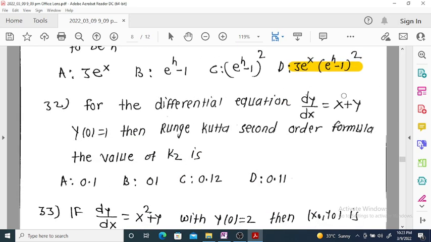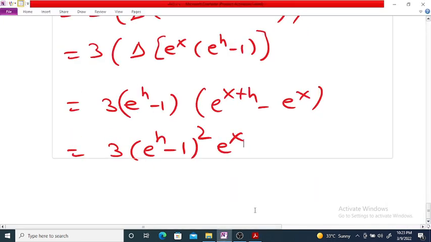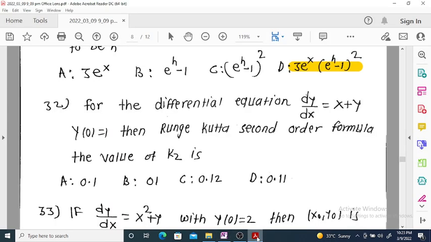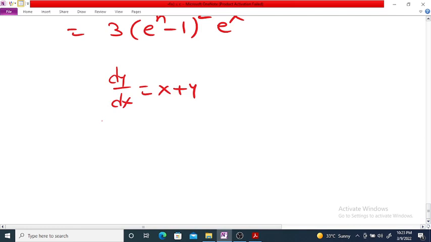For the differential equation dy by dx is equal to x plus y, y0 equal to 1, using the Runge-Kutta second order formula, the value of k2 is equal to? The given dy by dx is equal to x plus y with initial condition y0 equal to 1, and we want to determine the formula for k2. For that we need to determine k1.